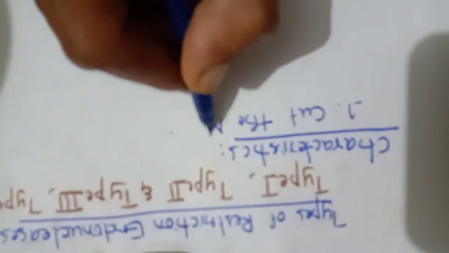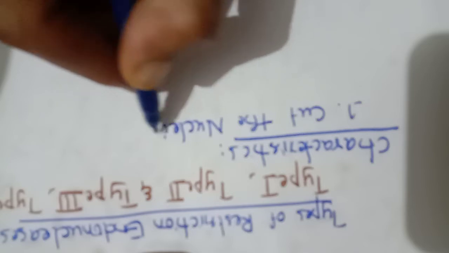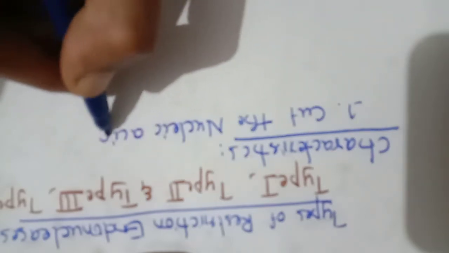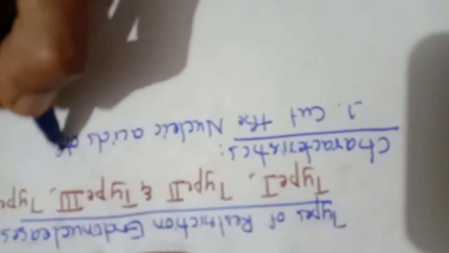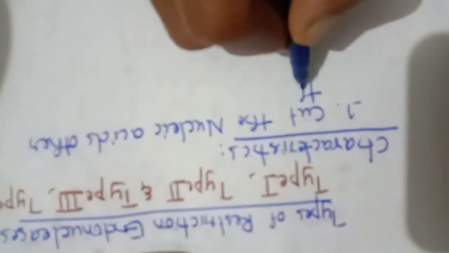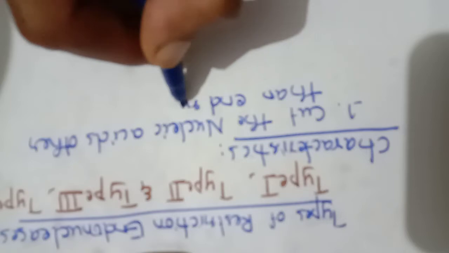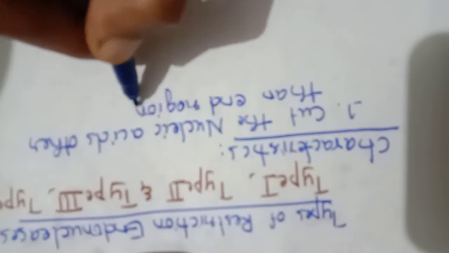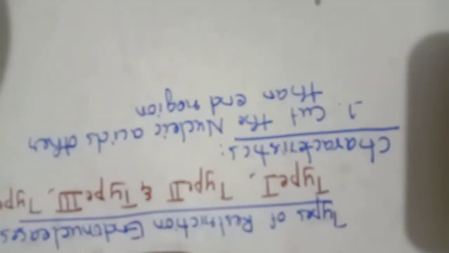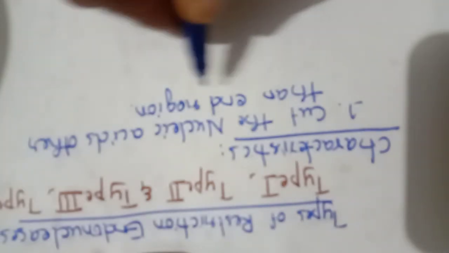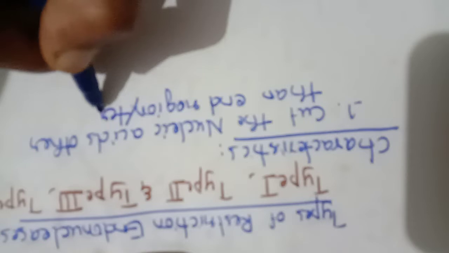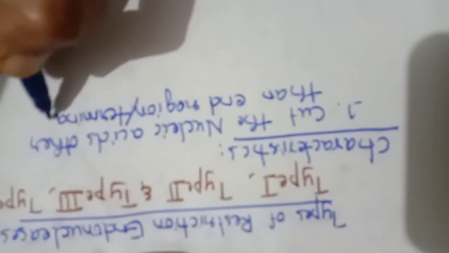The name itself indicates that restriction endonucleases will cut the nucleic acid at a region other than the end region or the terminal region. Okay, this is the first characteristic.